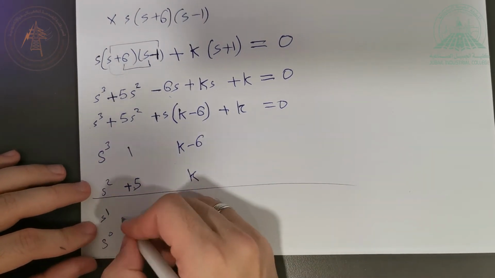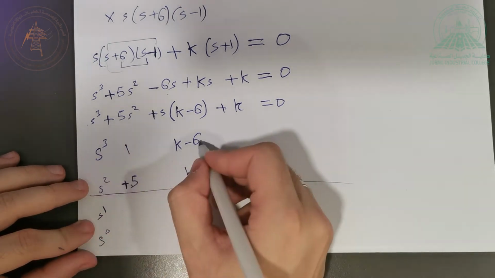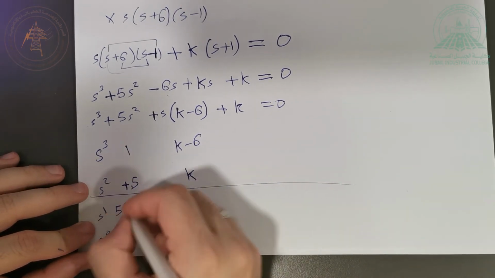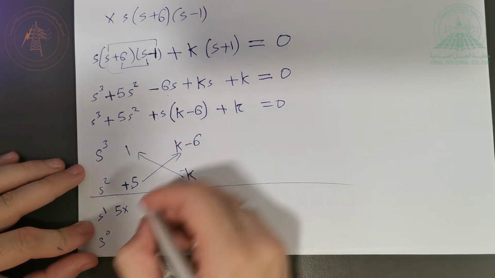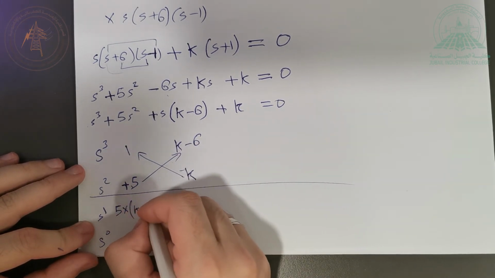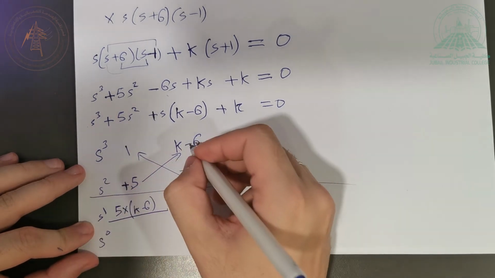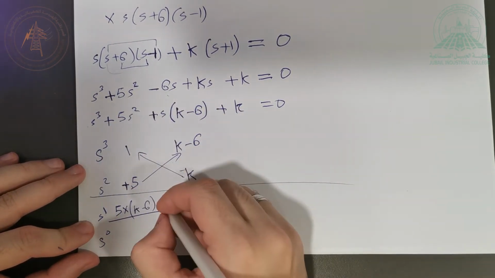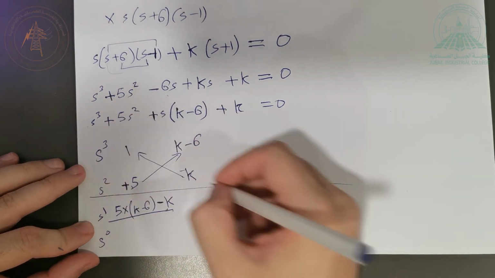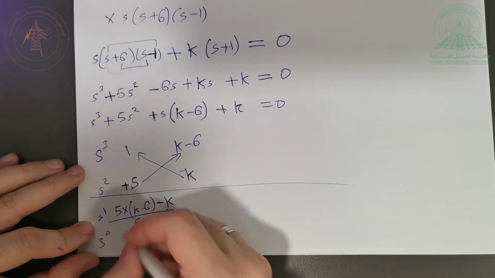What is the element that I have here? It will be 5 multiplied by k minus 6, minus k, divided by 5.